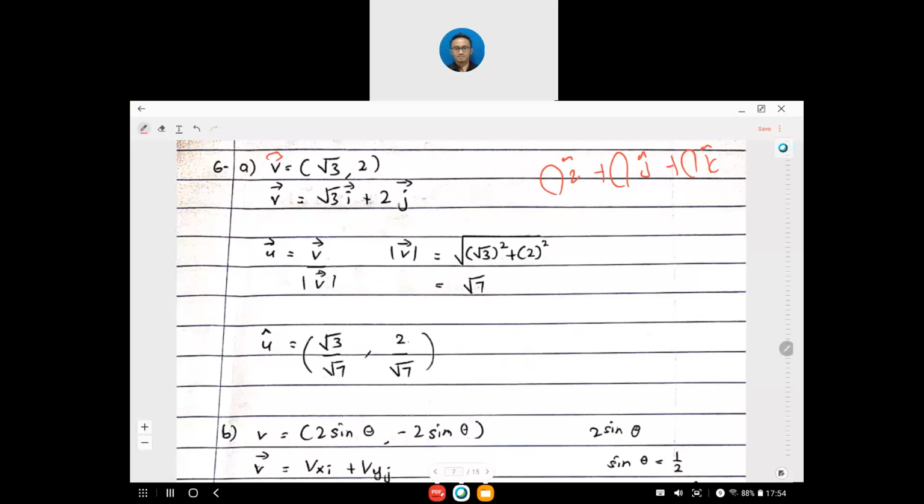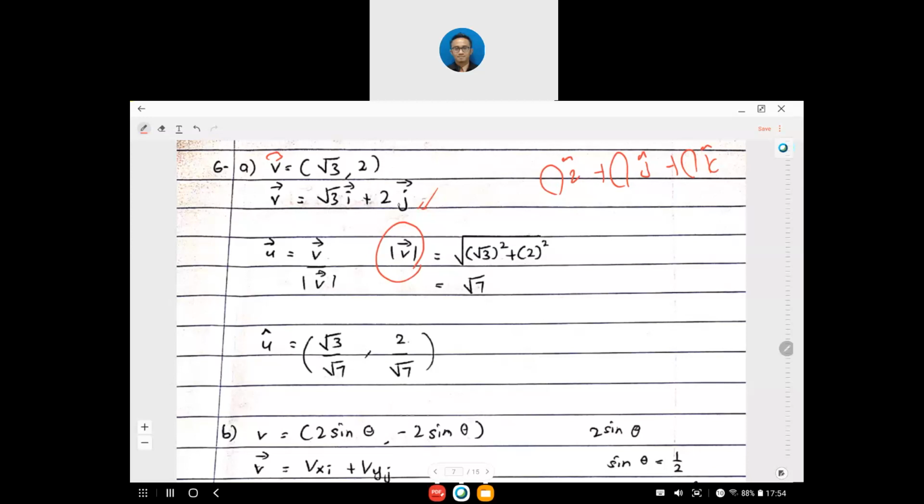Okay. Square root of 3 and 2. So you can find in terms of standard basis, you can get square root 3 i plus 2 j. Tulis macam ni. Kan senang. Okay. So now you want to find the unit vector. In order to find unit vector, you need to find the magnitude first. Okay.